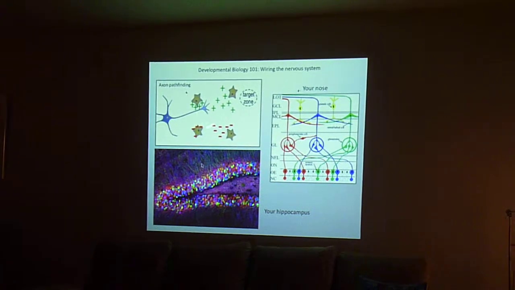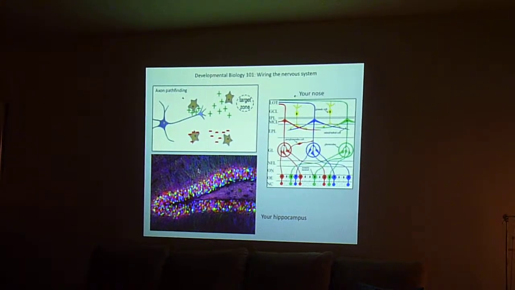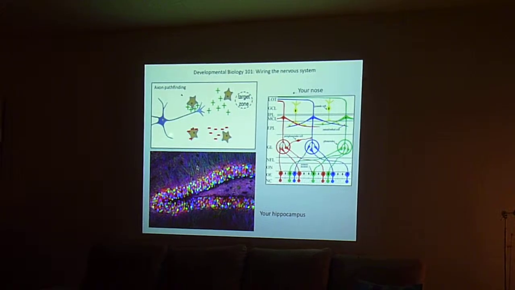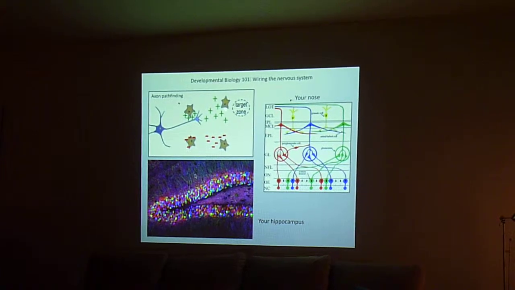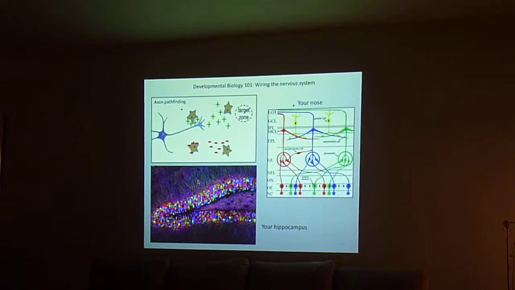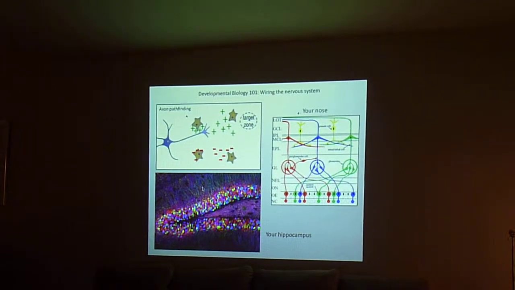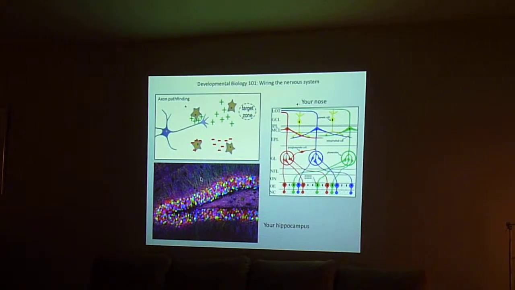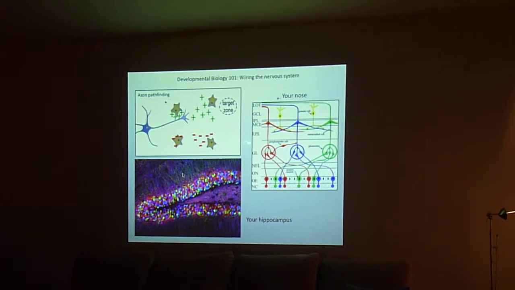There are a number of positive and negative signals. There are actually more negative signals that keep neurons on the straight and narrow. But as these nerve cells migrate through the developing tissue, they are seeking positive signals that will allow them to wire one another so that they can ultimately make a person. So here are a couple of examples of just how complex a wiring diagram becomes at the cellular level.